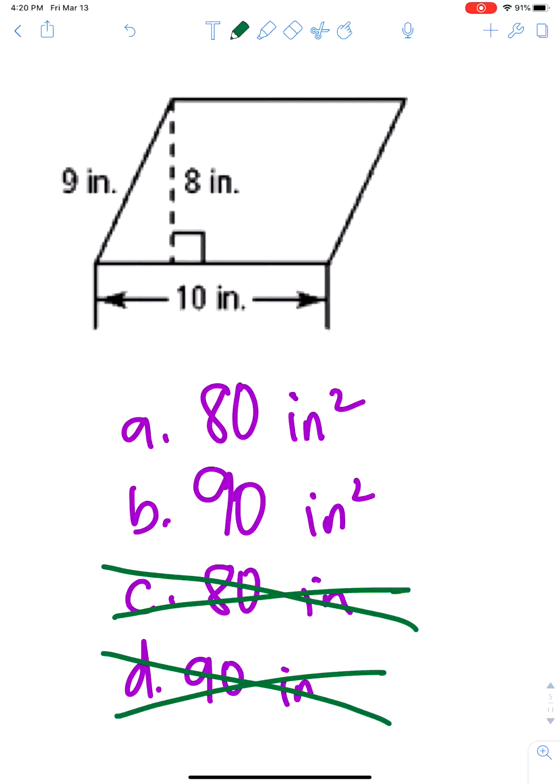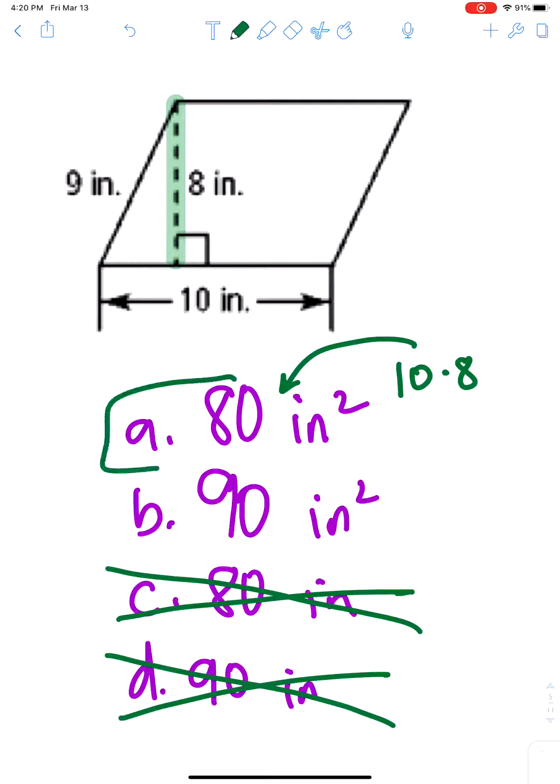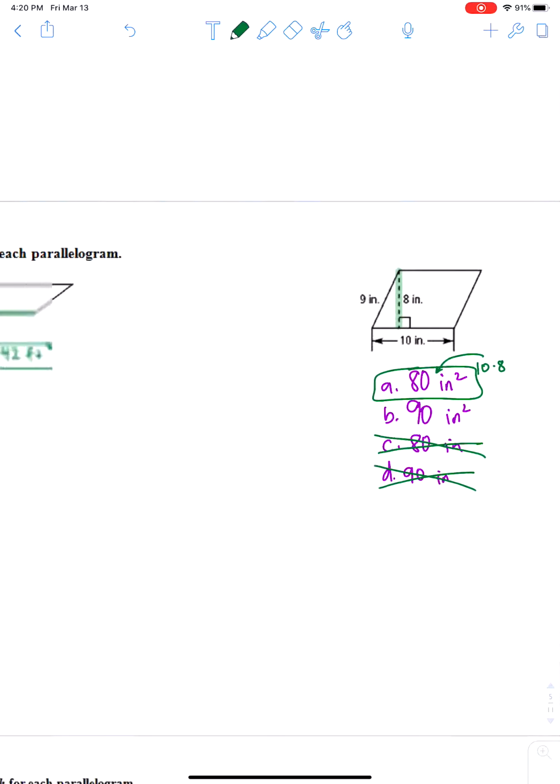So I'm down to A and B. The base in this case is 10, and the height, I couldn't tell if it was 8 or 9. And if we look, the 9 is slanted, but the 8 makes a right angle with the base. So it would be 10 times 8, and that would give us A for our answer, 80 inches squared.